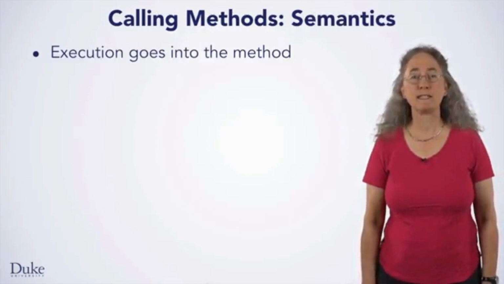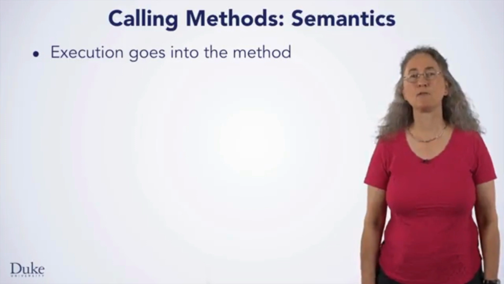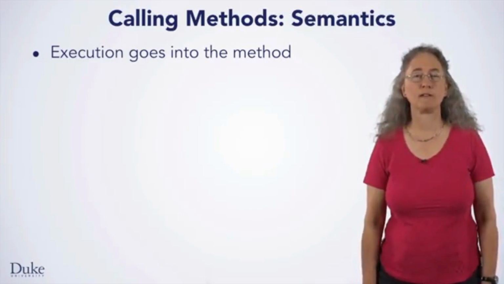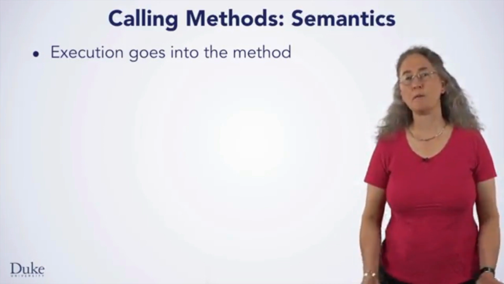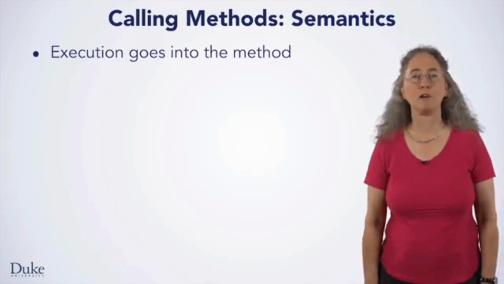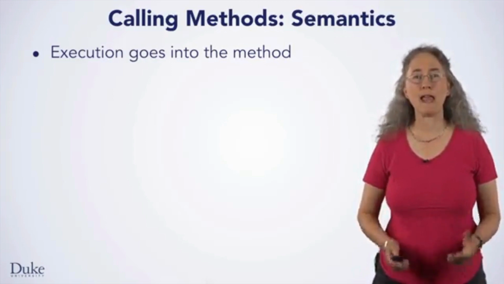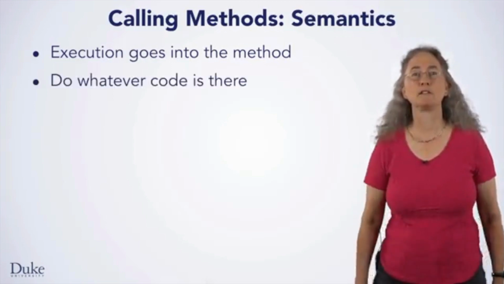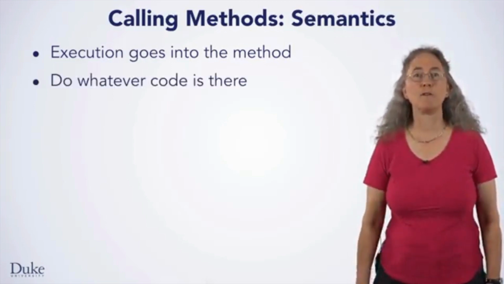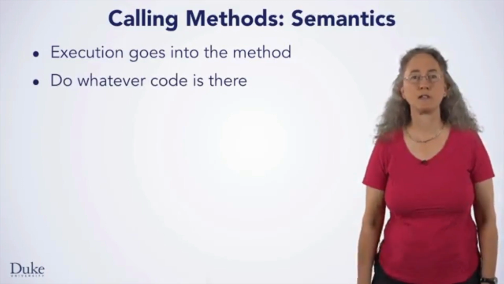Now that you have seen the syntax of a method call, let us see the semantics. Before we step through the behavior, we'll describe the semantics. First, execution goes into the method. You stop executing statements where you were, go inside the code for the method, and then do whatever code is there. You do that code by following all the normal rules for executing code.